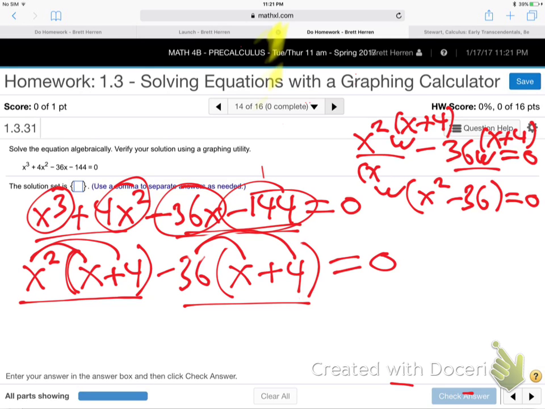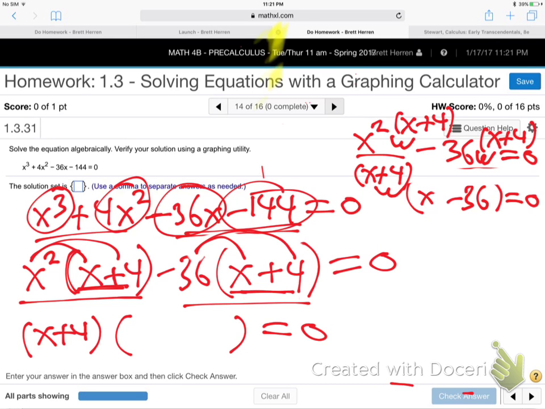You would take out a parenthesis x plus 4 that they would both have in common. So it's the same thing here. They both have a parenthesis x plus 4. Take out a parenthesis x plus 4, and what does that leave behind? X squared minus 36, because that x plus 4 could go back in those two places. You see how that is? It's just like taking out a w in common.